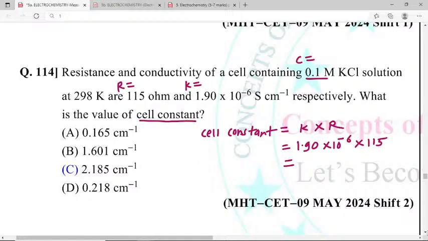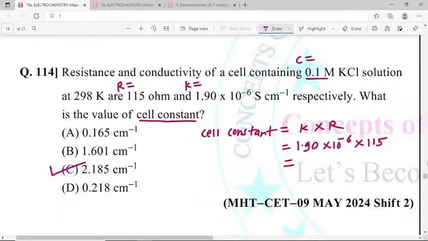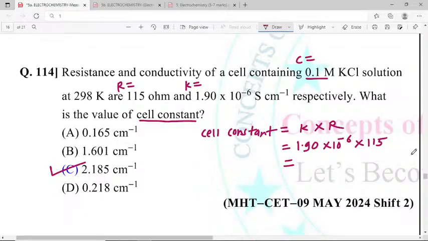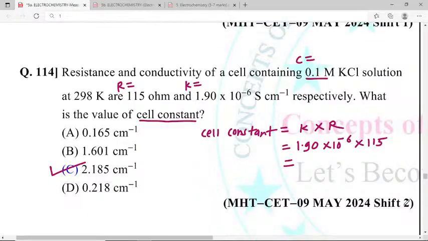If you solve this, we'll get the answer. So 2.185 10 to power minus 6.